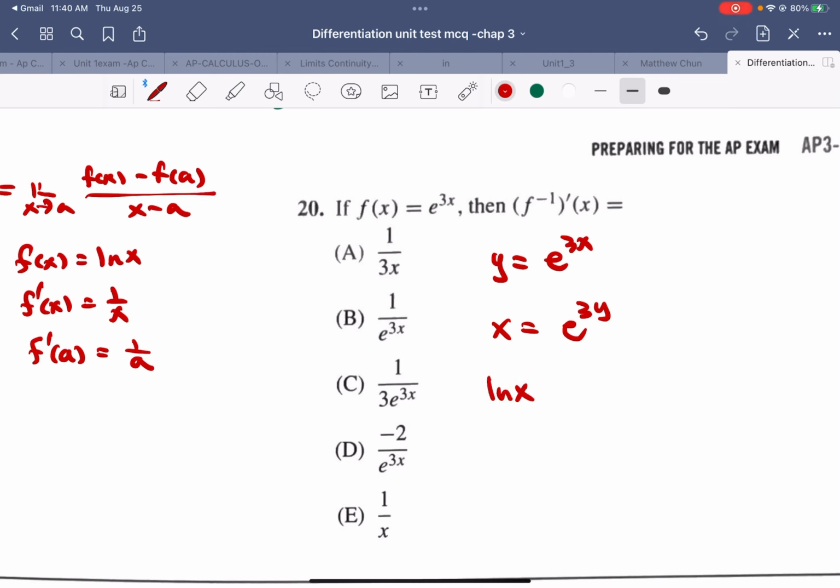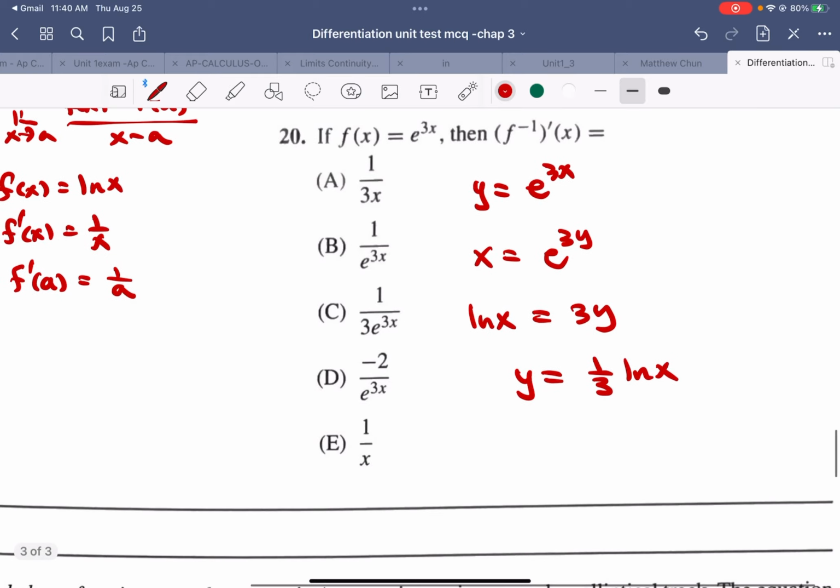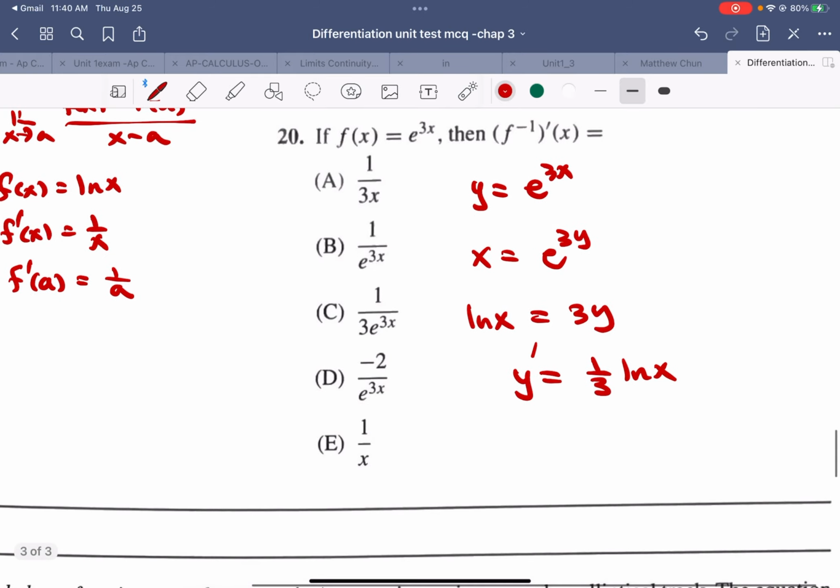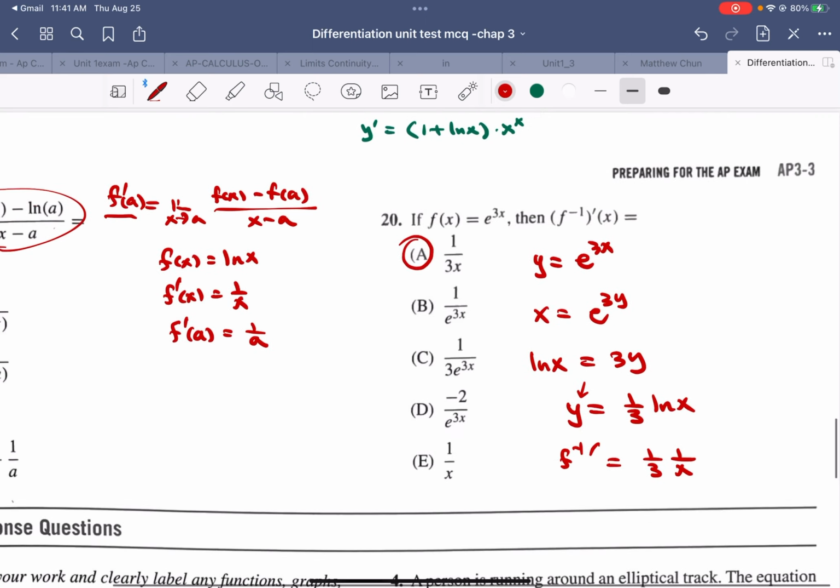So ln x equals 3y. So y is 1/3 ln x. That is the inverse function. Now take a derivative. So the derivative of f inverse is 1/3 times 1 over x, which is 1 over 3x. That's your final answer.